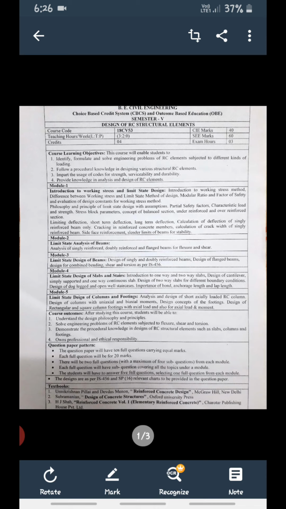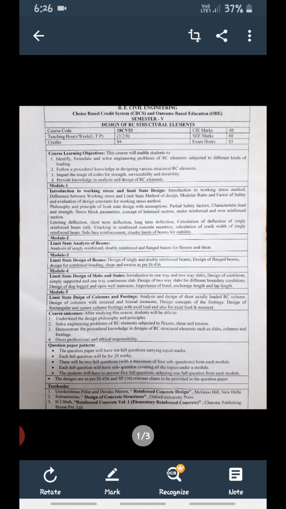Concrete takes the compressive stresses, but the tensile stresses will be taken by another material, the tensile reinforcement, that is steel bars.